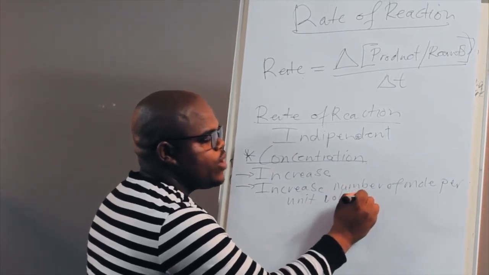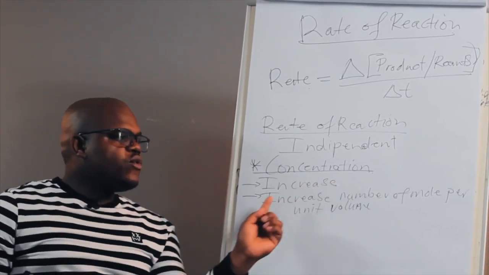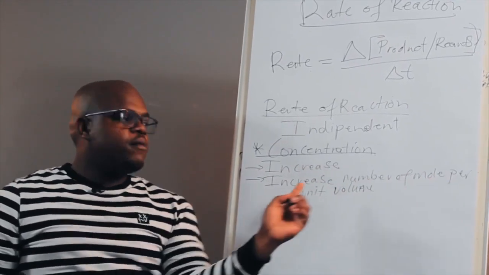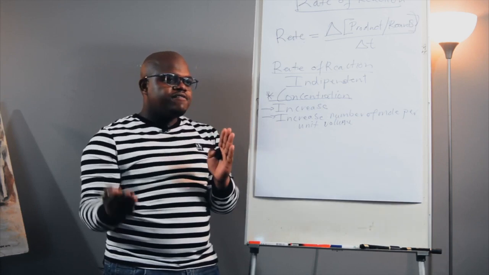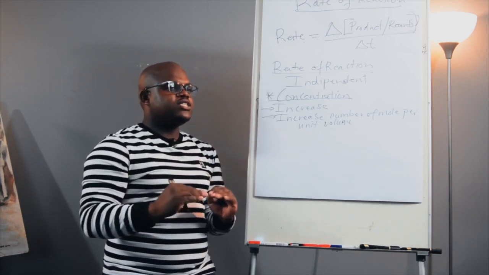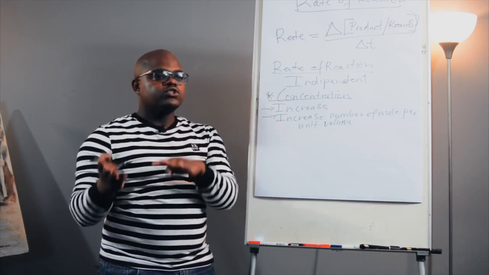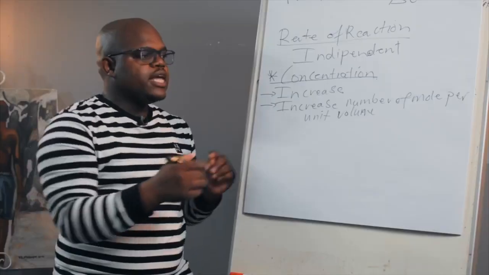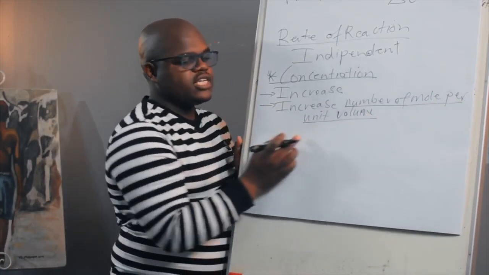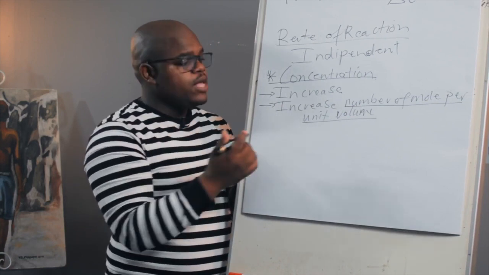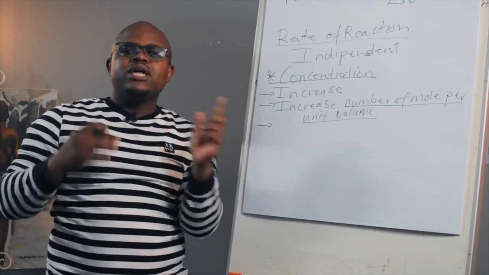So that means whenever we are increasing the concentration, we are increasing the number of moles per unit volume. Whenever I add more sugar, it will increase the number of moles of sugar compared to the number of moles of water, okay? Then if it increases the number of moles per unit volume, what is happening?